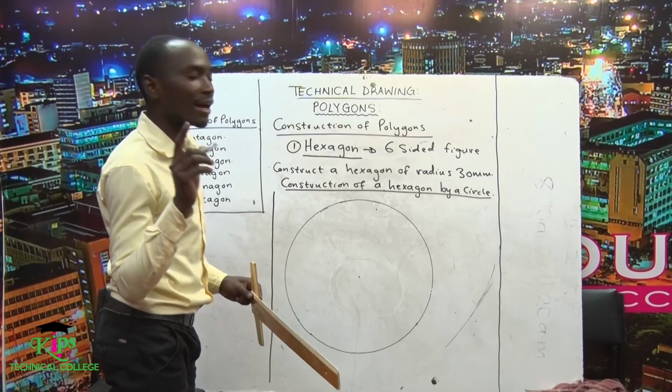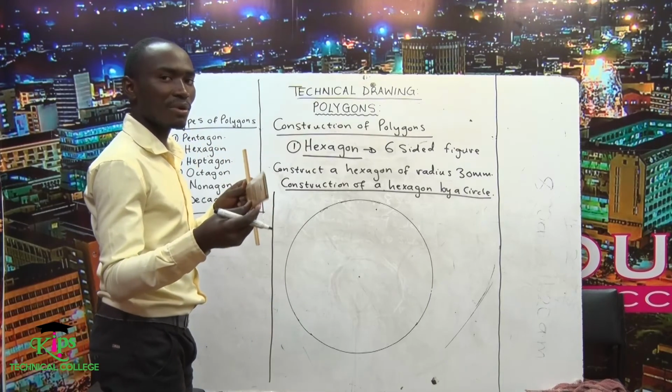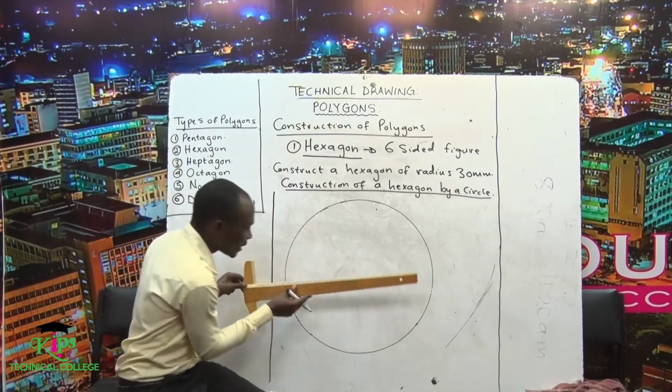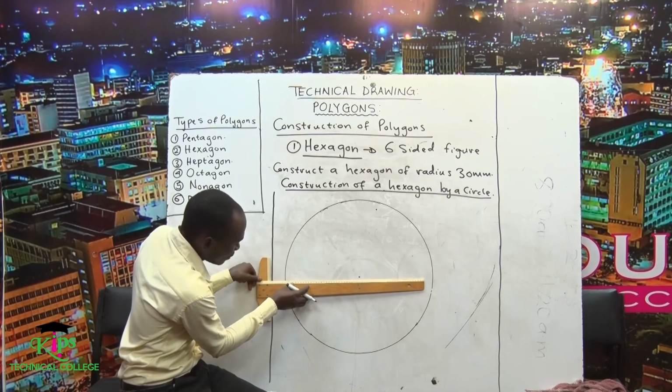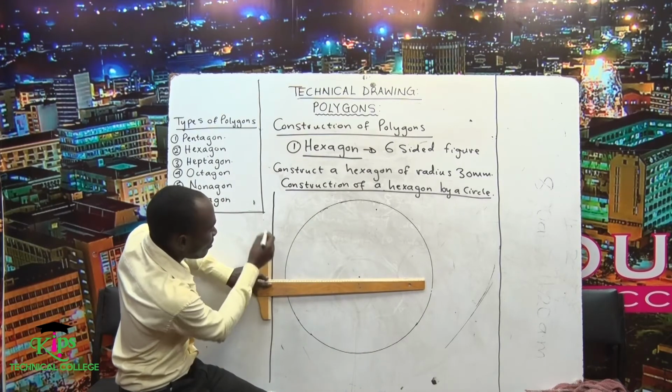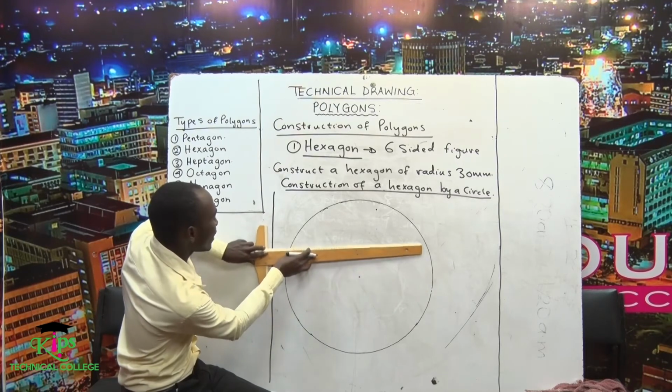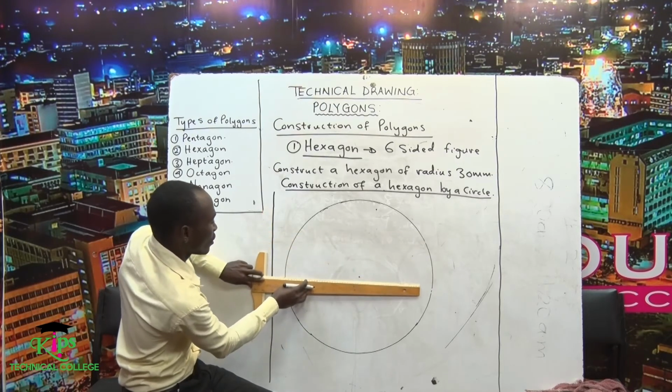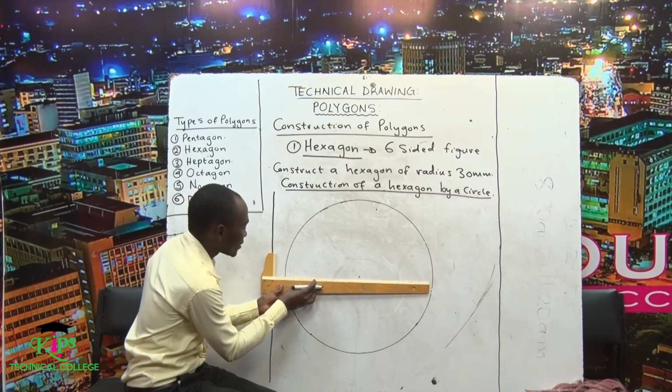Having in mind that you have set your paper, your ruler is able to slide like this. So you will move to the center of the circle.